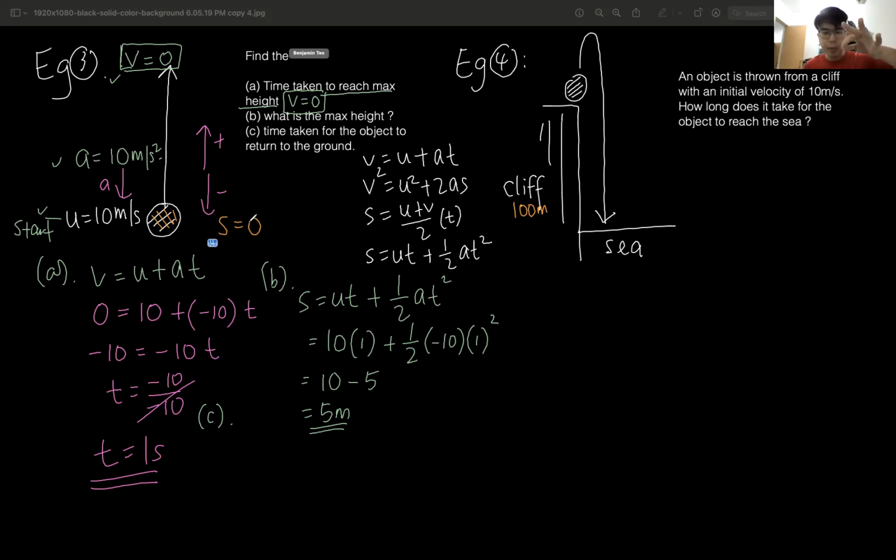Okay, so displacement 0, then we write here C, we know displacement is 0. We want to find the time and the initial velocity. How much? u is equals 10. What else do we know? Acceleration. Again, it is minus 10.